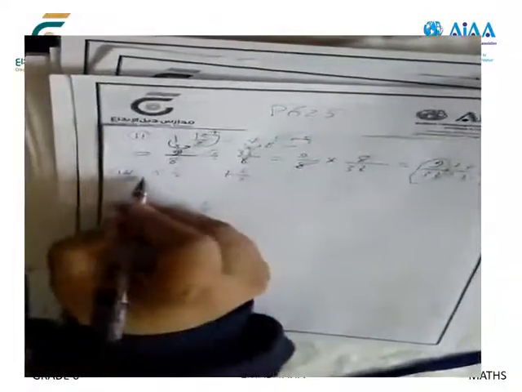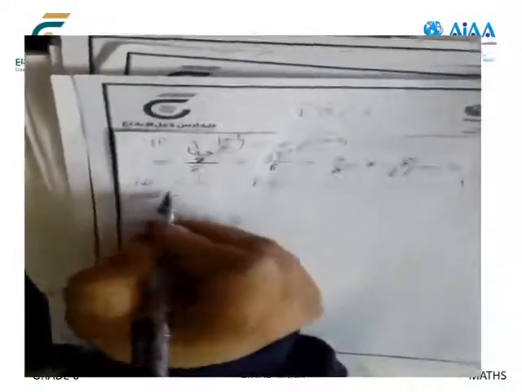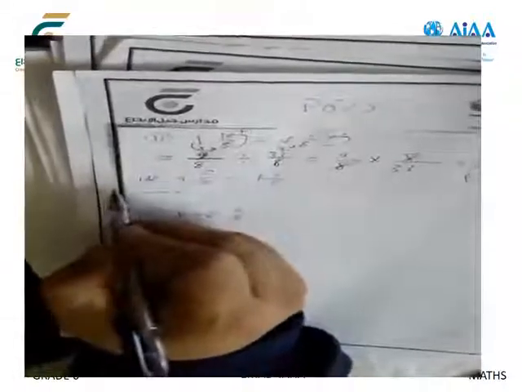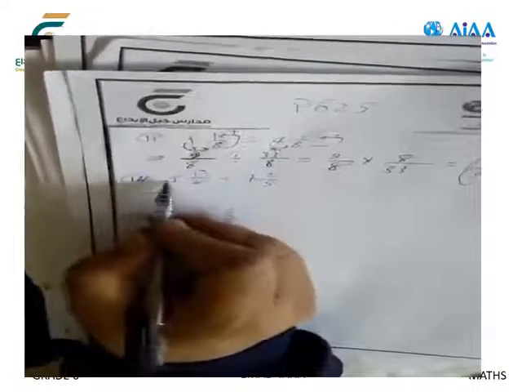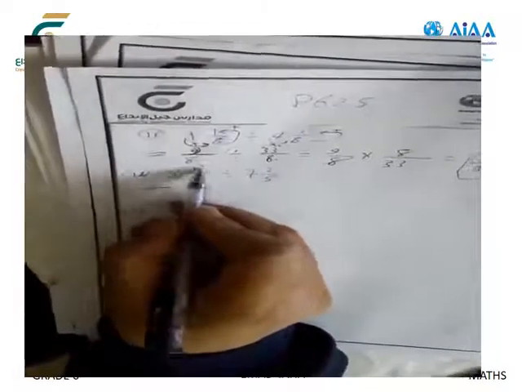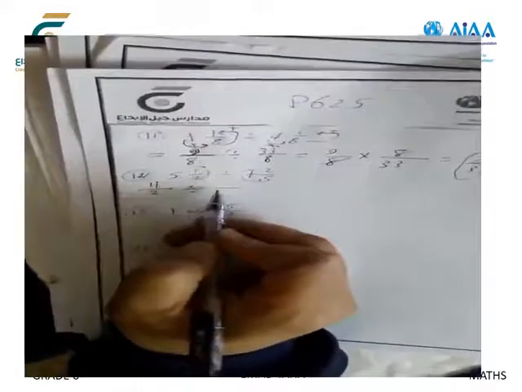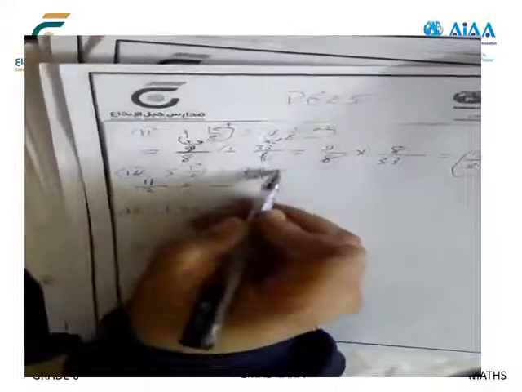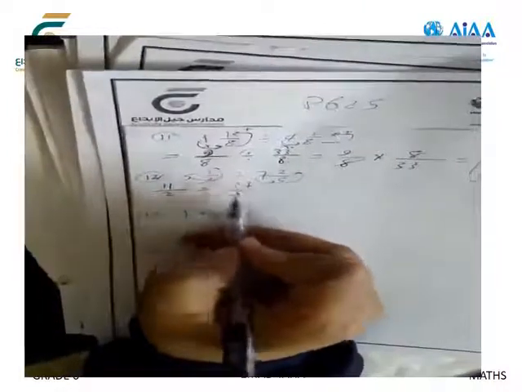Okay, number 14. First, convert the mixed number to an improper fraction by multiplying 5 times 2 equals 10, plus 1 equals 11 over 2. Divide 7 times 5, yes, 35 plus 2, 37 over 5.